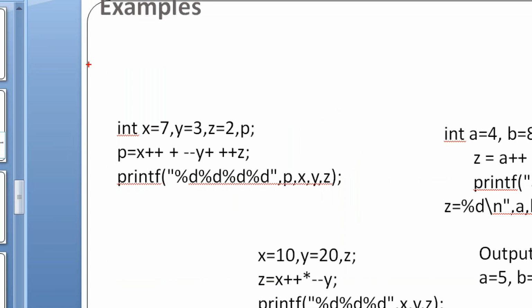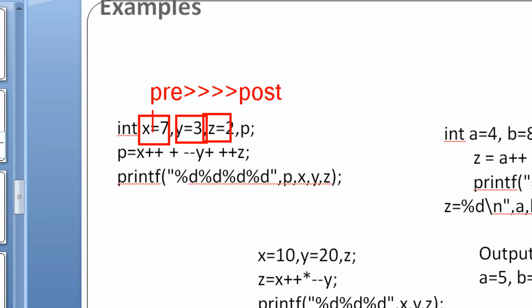So now in this case, here x is 7, y is 3, z is 2. Now p equal to x++ + --y + ++z. The main important thing: if an expression consists of pre and post, pre has priority over post. It is very important.